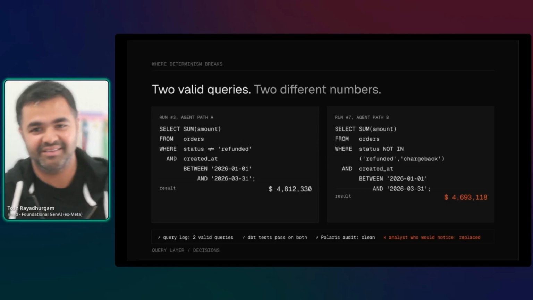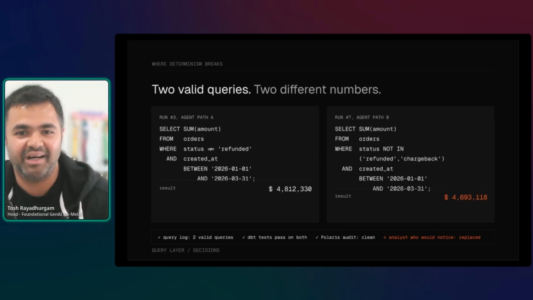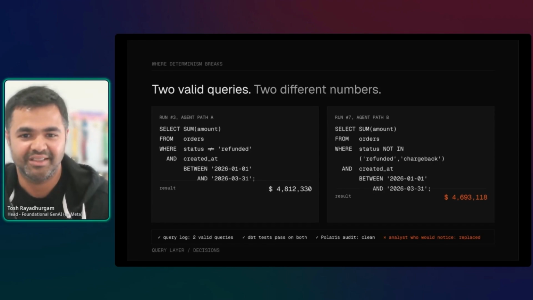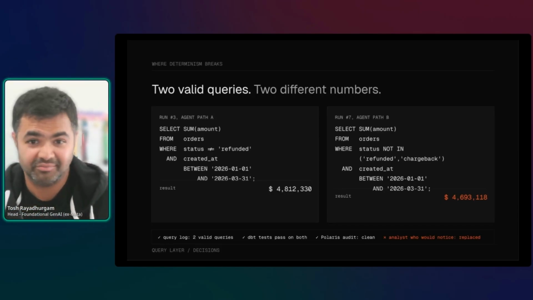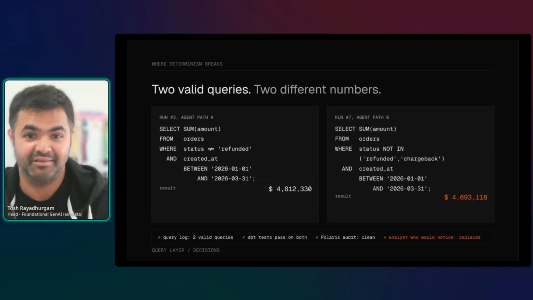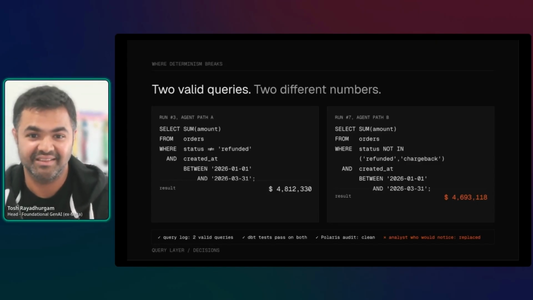So now, moving to the subtle part, right? I think the folks in this room are going to recognize this with your own systems. If you go look, these are two SQL queries, right? Both of them are labeled Q1 revenue, and both run by an agent, right? And two different numbers, right?